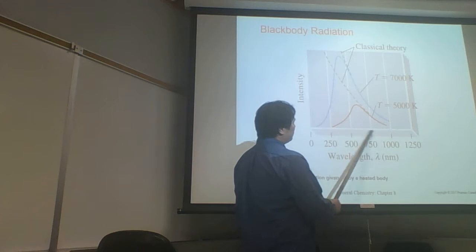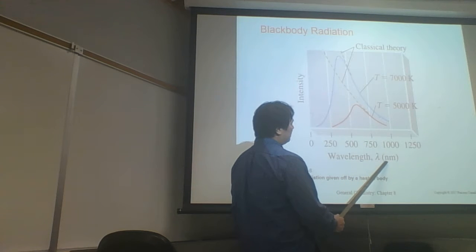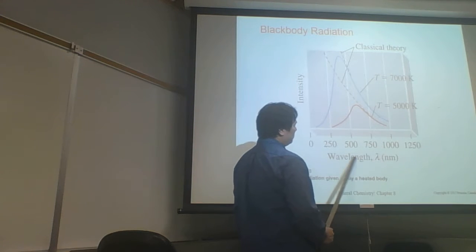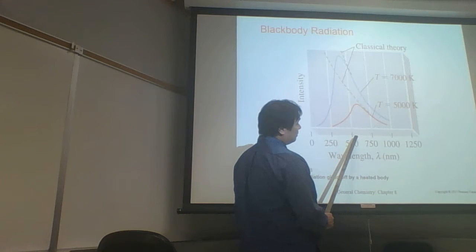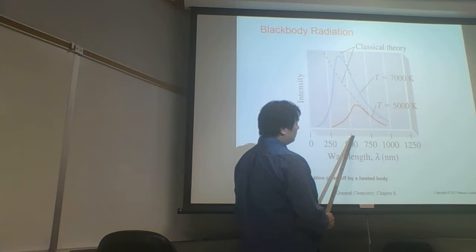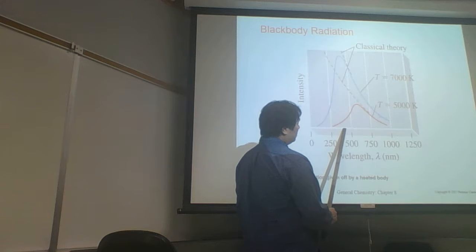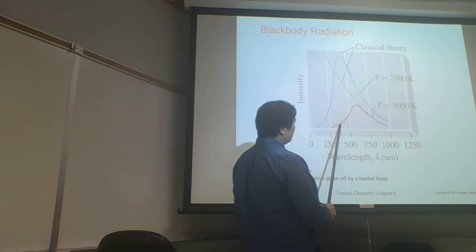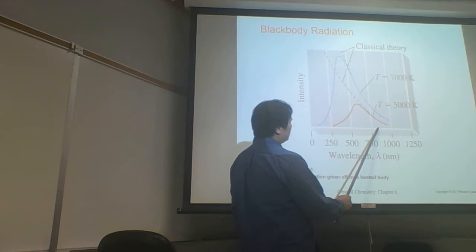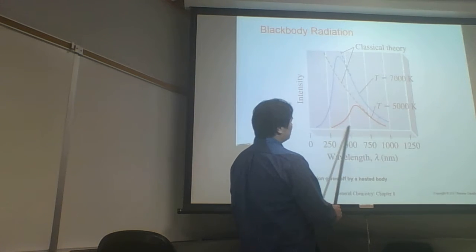Visible light ranges from what to what wavelength? Nanometers here. It ranges from 390 nanometers to 760. So visible light's in this region here.